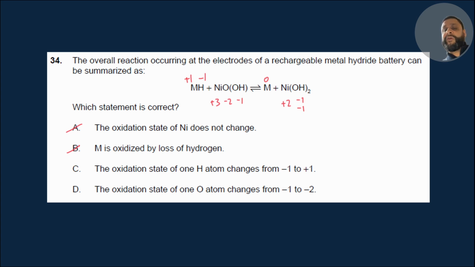If we deal with OH-, oxygen will be -2 and hydrogen will be +1, because there's an overall charge of -1. Hence, C is the correct answer. Let's look at D. The oxidation state of one oxygen atom changes from -1 to -2. No, oxygen is still -2 on both sides.